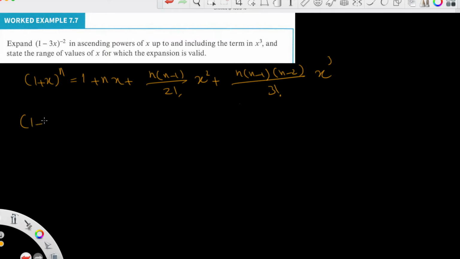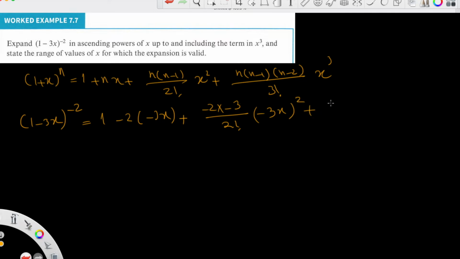So the expansion of 1 minus 3x to the power of -2 will be 1, n is -2, so it will be -2 times the second term, which is -3x, plus n times n minus 1, so -2 times -3 over 2 factorial, then -3x to the power of 2, plus -2 times -3 times -4 over 3 factorial, -3x to the power of 3.